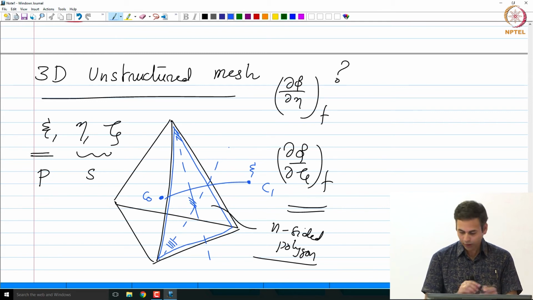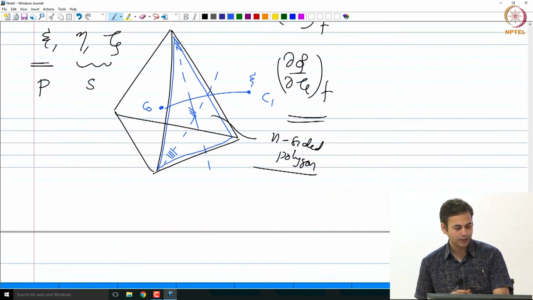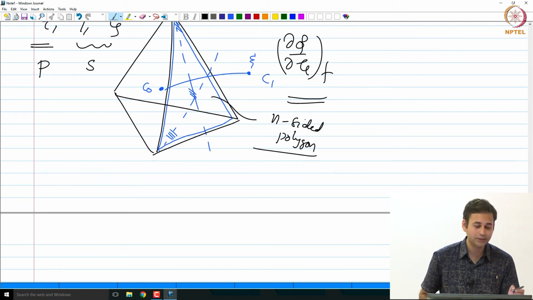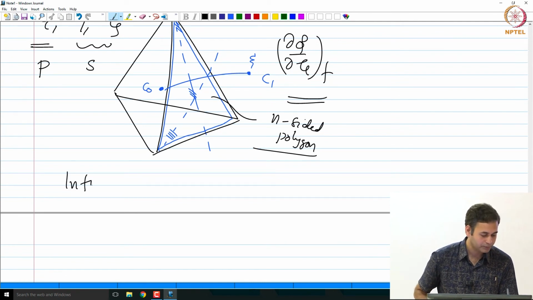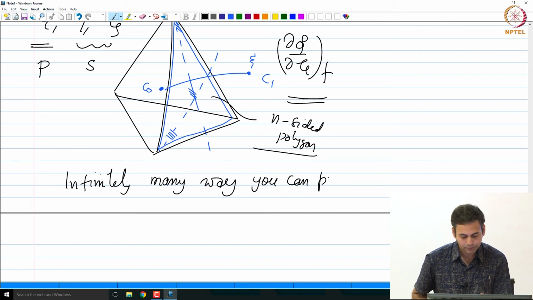That is the question. So, what we are convinced of is that in the context of 3D unstructured meshes, there is a problem. The problem is there are infinitely many ways you can pick the eta and zeta.